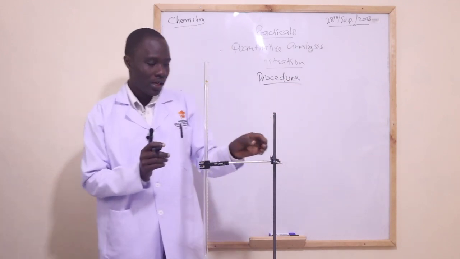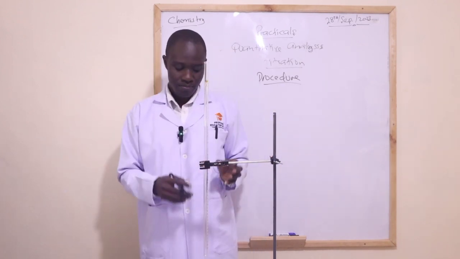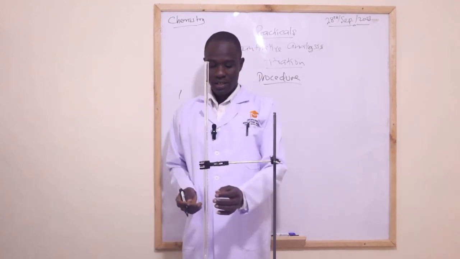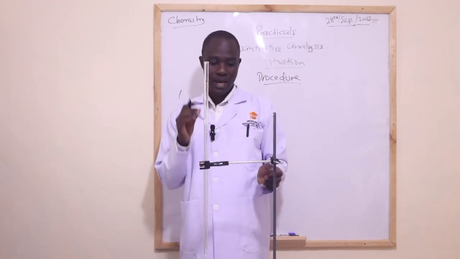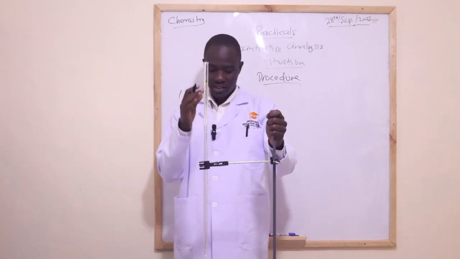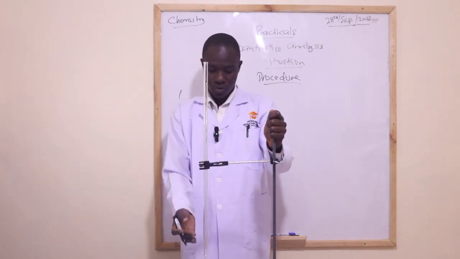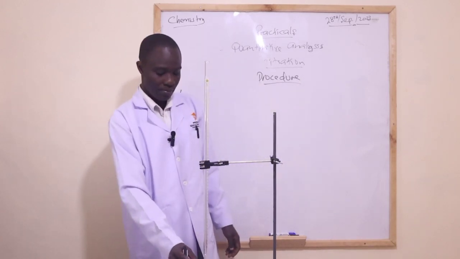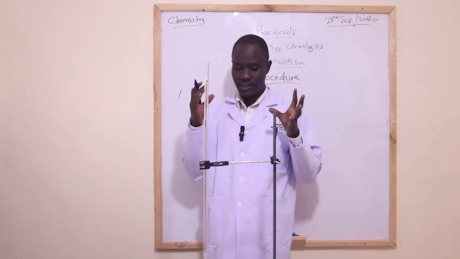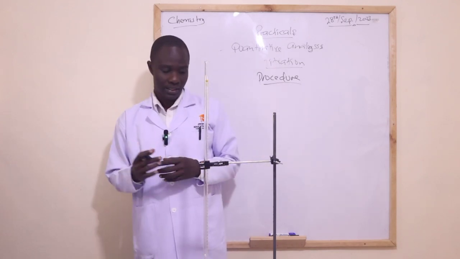About the main apparatus here, that is the burette. Burette is an apparatus that is tubular in manner, as you can see, which is calibrated or marked. It's normally marked with the lowest mark on the top and the highest mark on the bottom, just slightly above the top. The burette has a tap below it that regulates the amount of liquid inside the burette as it is drained during titration.